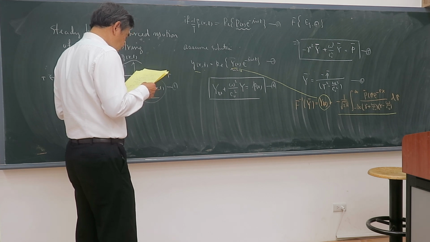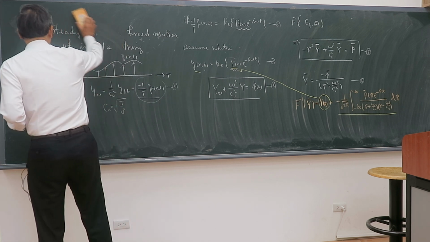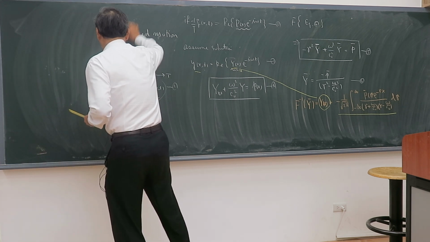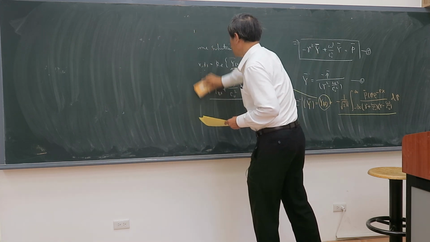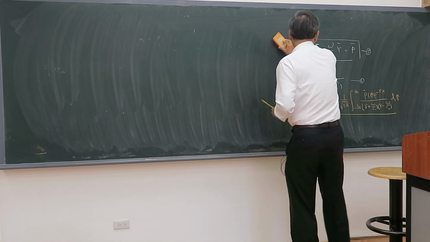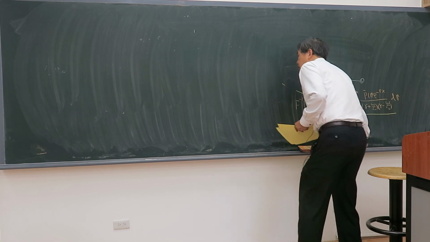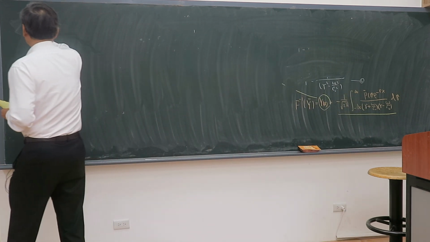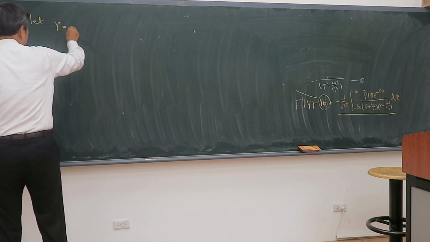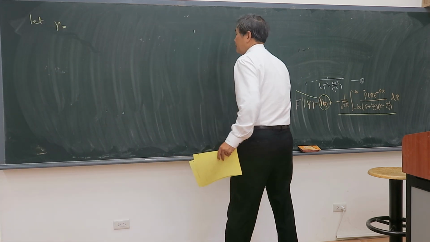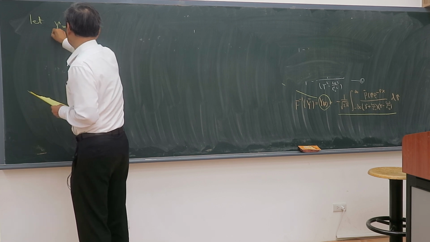Okay. So the way we do the integration, we will use residue theory in the complex plane. So let gamma, the variable here, be a complex variable, xi plus i eta.